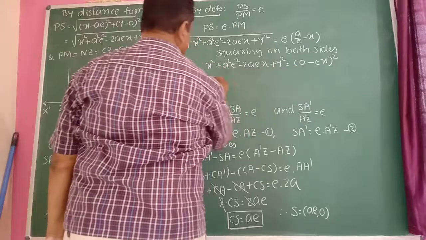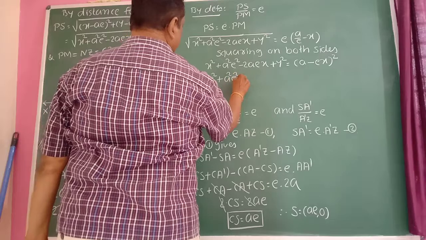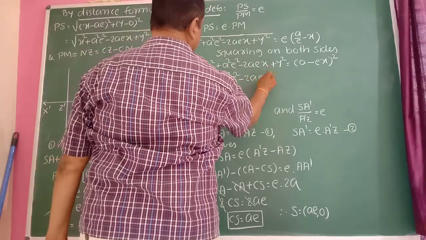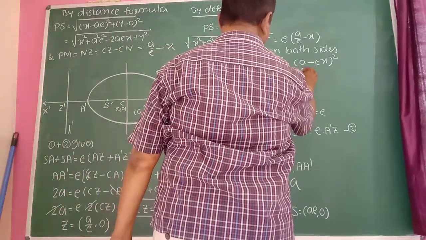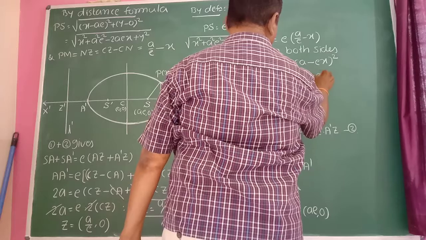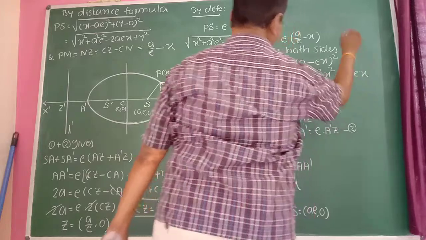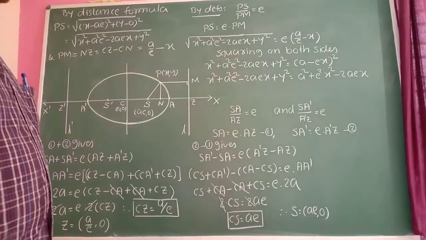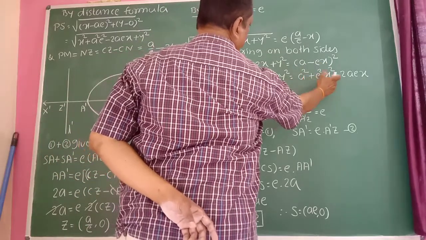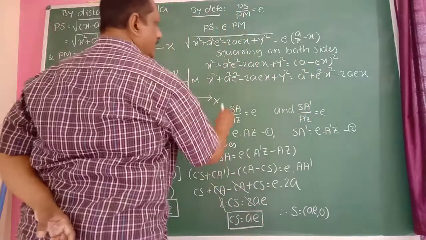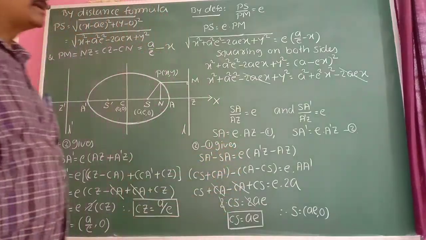Then expand this result: a square plus e square x square minus 2a e x, using the (a minus b) whole square formula. Left hand side minus 2aex and right hand side minus 2aex cancel.